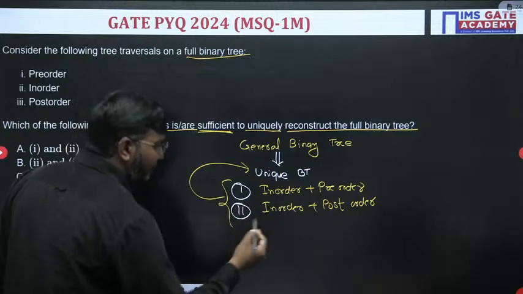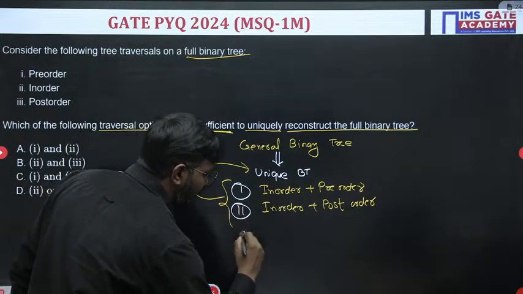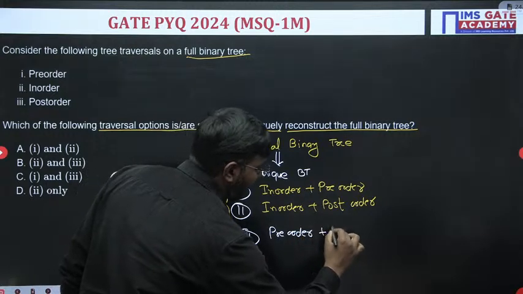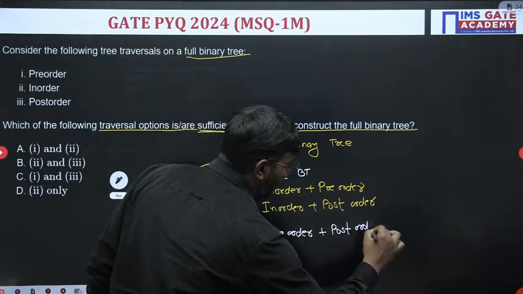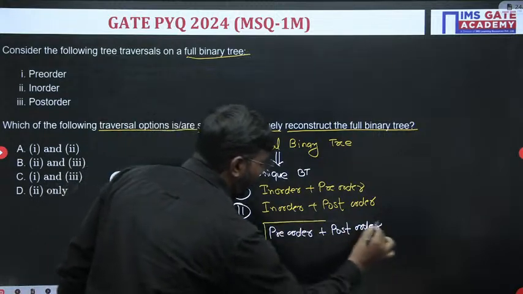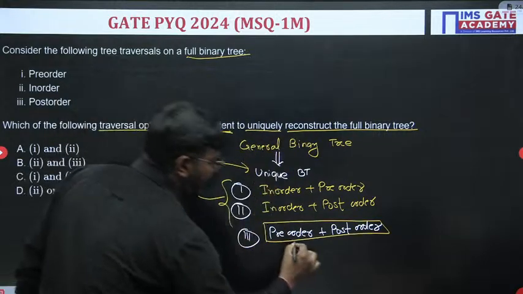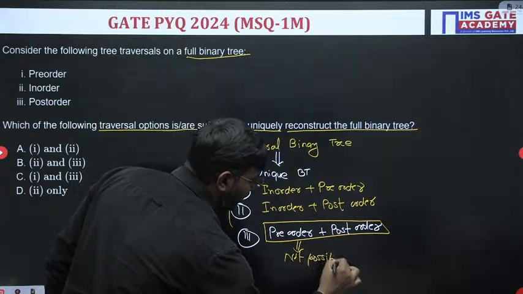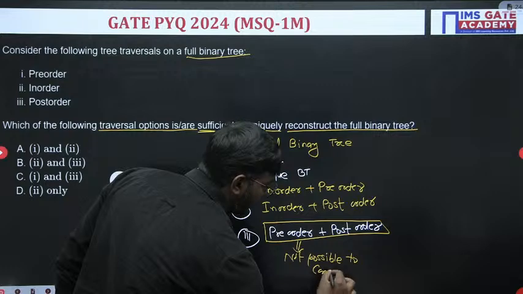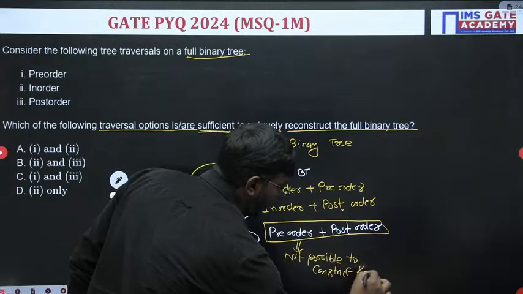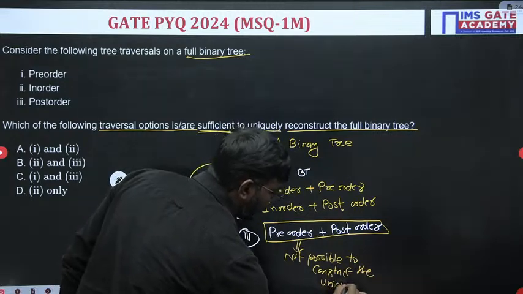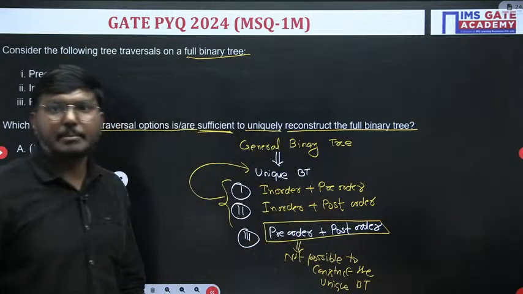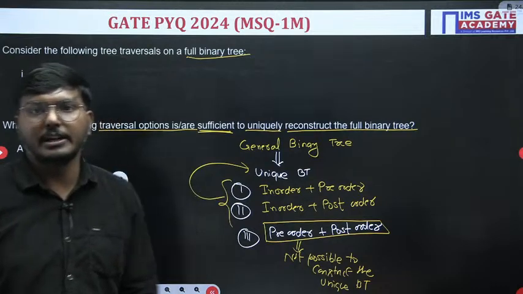But if pre-order plus post-order is given for the general binary tree, then it is not possible to construct the unique binary tree. In-order is absolutely needed.